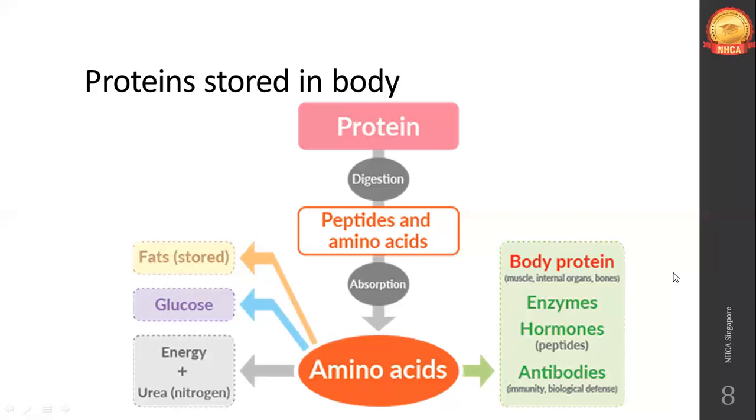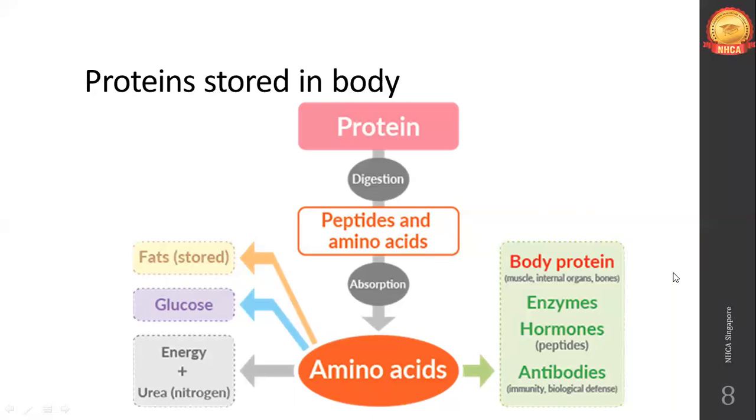These amino acids will reach other parts of the body, either to participate as a catalyst in any enzymatic reaction, to form hormones, to form antibodies, to form body protein in general, like your muscle is made up of protein. Okay, your collagen fibers, elastin fibers, made up of protein. Your internal organs, your bones.